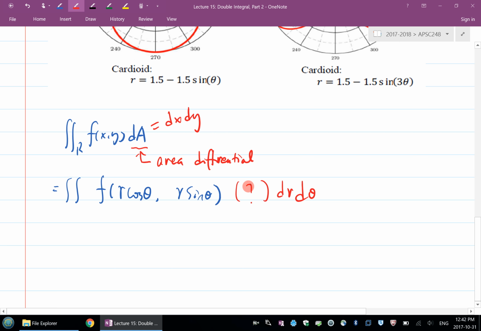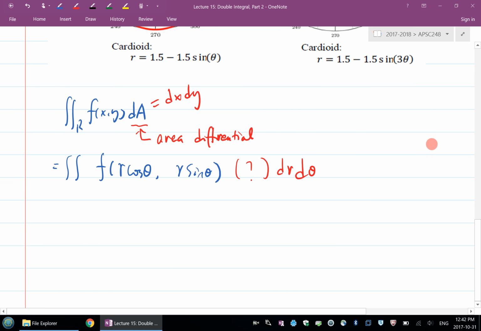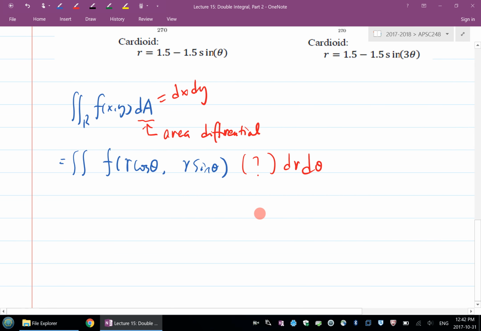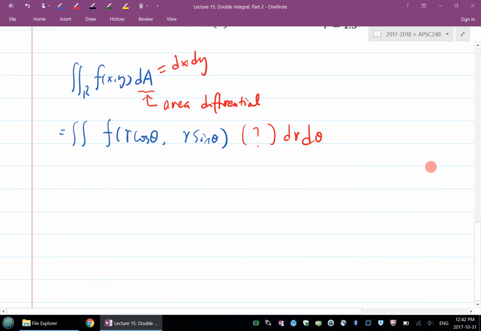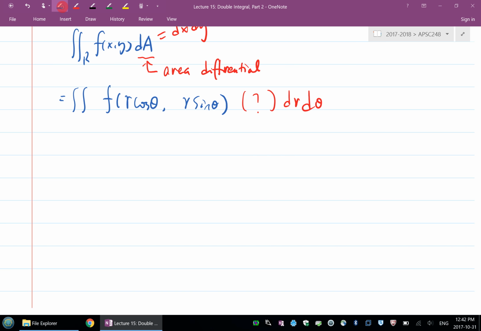So what should be this thing here? I'll show you two different ways. Once we learn the Jacobian transformation, then we can show you another way. But for now, let me use a similar approach for approximating a small area.